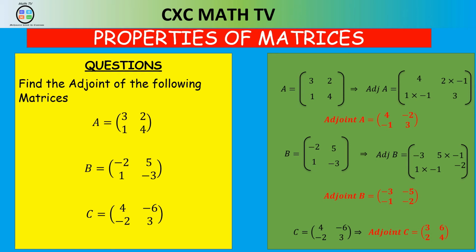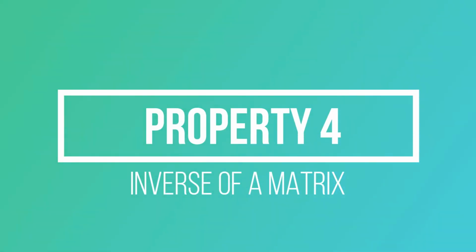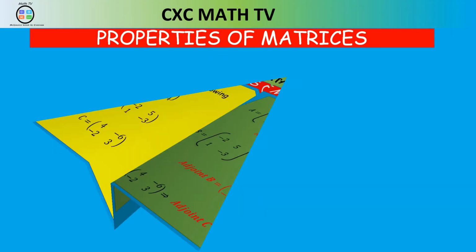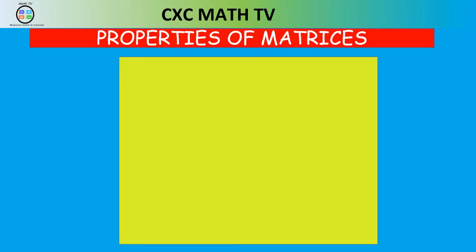Beautiful. Nice. Now there's another property of matrix that we must know before we can solve equations. And this is known as the inverse of a matrix. The inverse of a matrix is denoted by A raised to the minus 1 if the matrix is A. Alright?